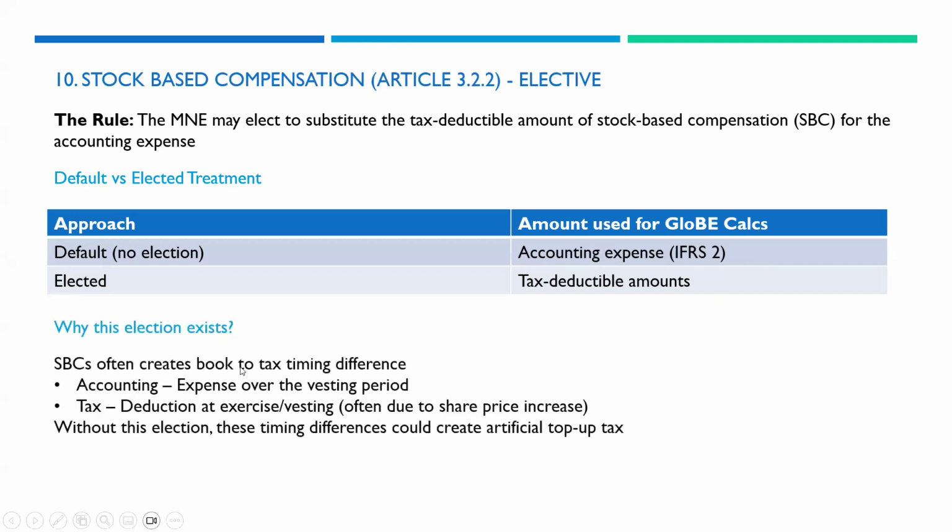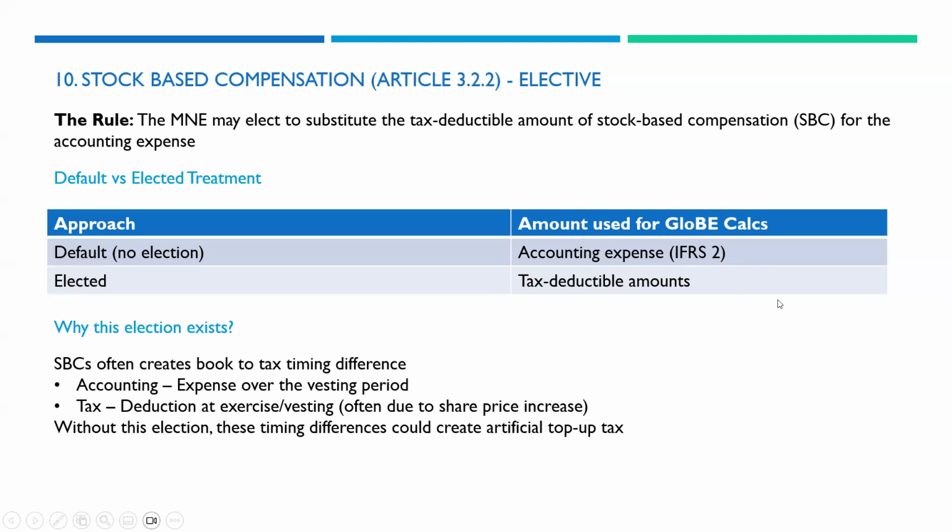Stock based cost. So SBCs often create a book to tax timing difference: accounting expense over the vesting period, but tax deduction at exercise or vesting. Tax jurisdictions like the UK would only provide a deduction at the time of exercising. So that creates a temporary difference. Without this election, these timing differences could create an artificial top-up tax. So what they're saying is, if this deduction is there but I'm not paying taxes for it, then if I elect, the expense would be there but I will be paying lesser taxes also.